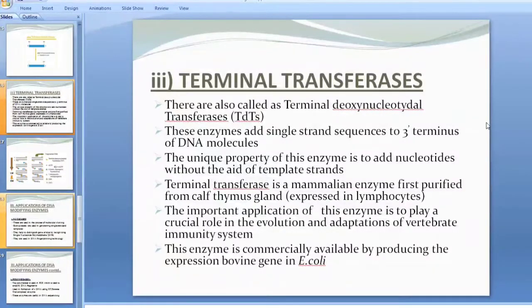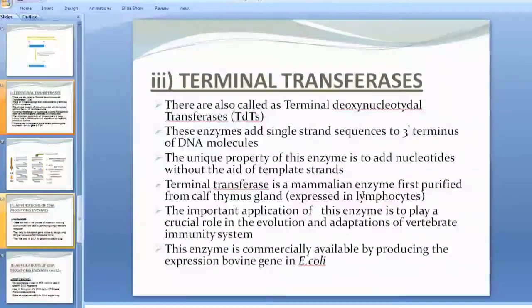The important property of this enzyme is to add nucleotides without the aid of template strands. Generally, for the activity of enzymes, there is a need of having template strands. But these enzymes don't need template strand. Directly, they can add nucleotides to the DNA terminal.